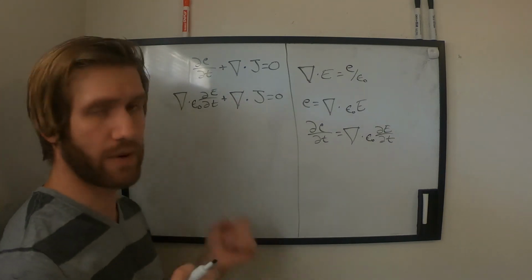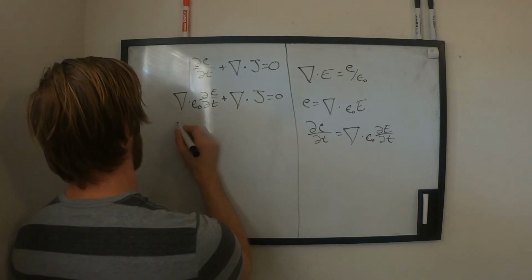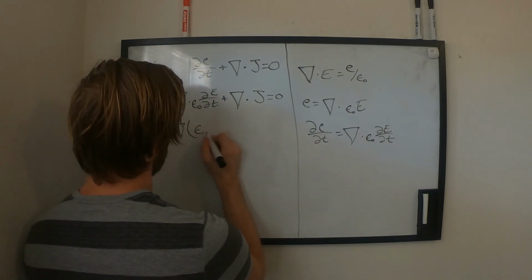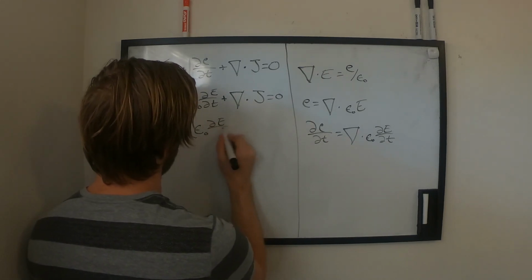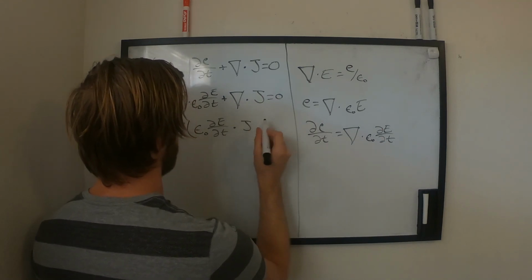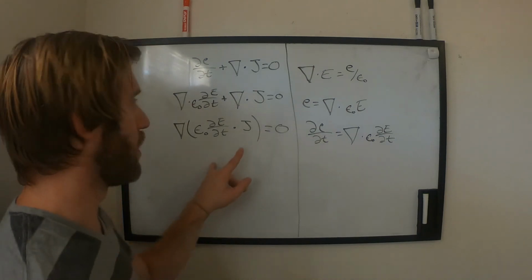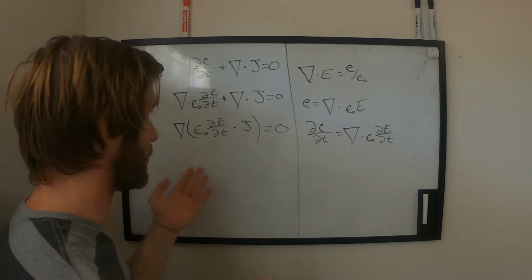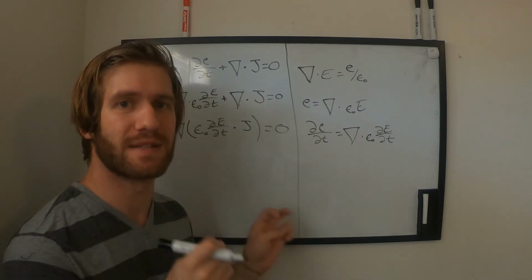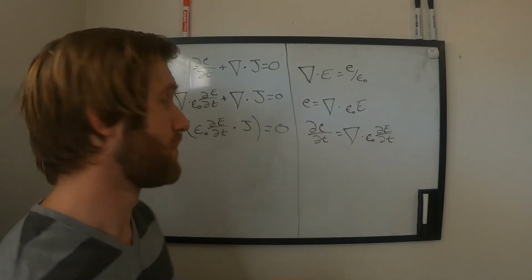Now what we can do is factor out this del operator, and give us our net result, which is del times epsilon naught dE dt plus J, and that is equal to 0. Now, what we have here is the final equation that is very helpful in describing a time-dependent system or displacement current with a time-varying electric field.